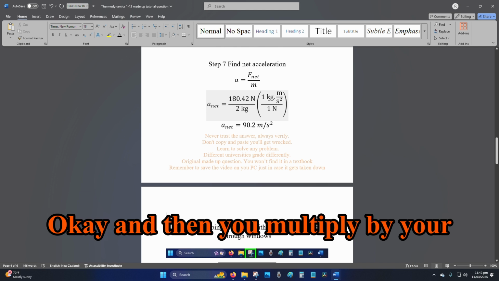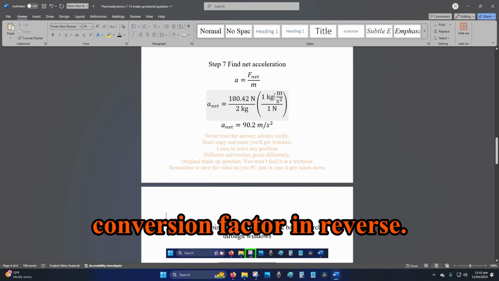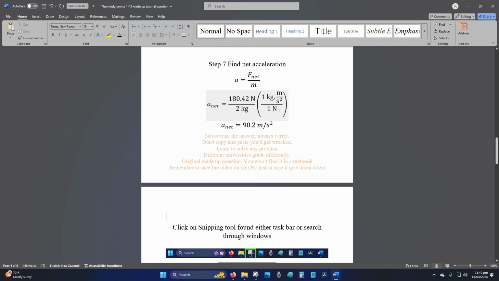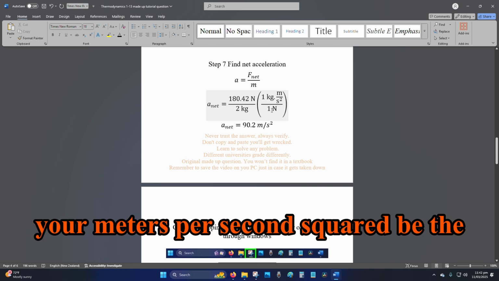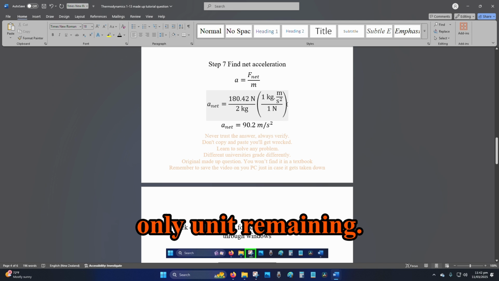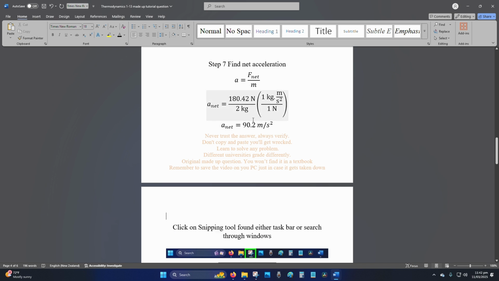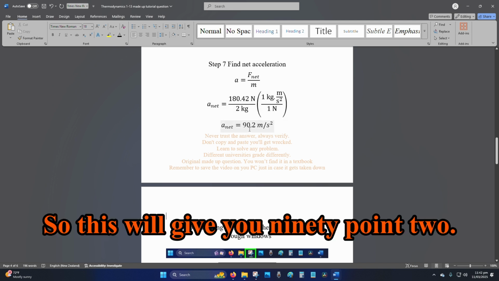Okay, and then you multiply by your conversion factor in reverse. So this will cancel out the units to make your meters per second squared be the only unit remaining. So this will give you 90.2.